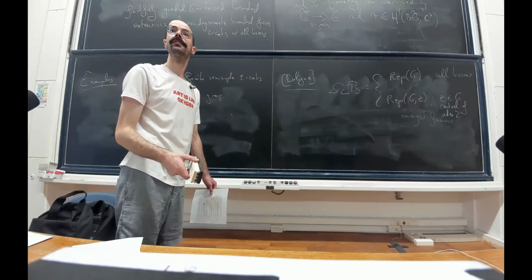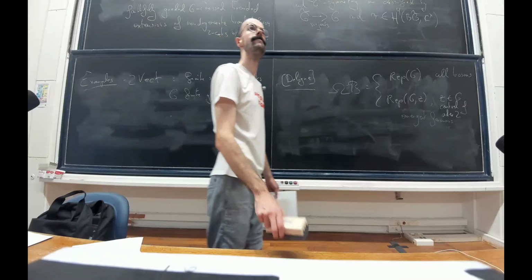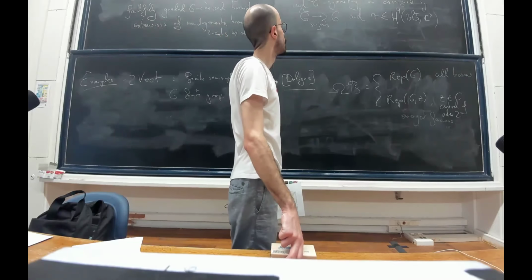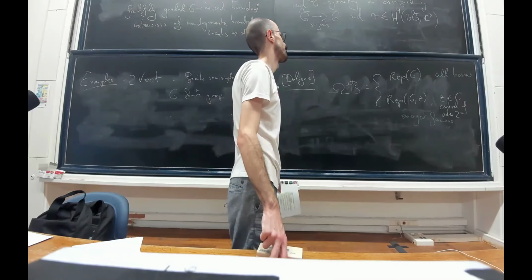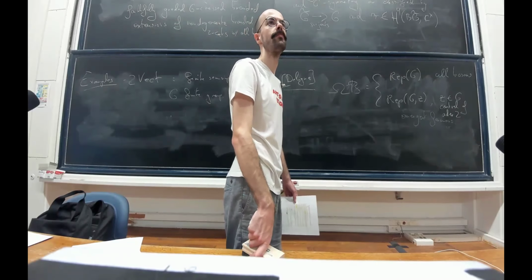Can I have two different classes in H4 that correspond to the same topological order? Only if there's an automorphism of your group that exchanges them, but that's the only thing that can happen.